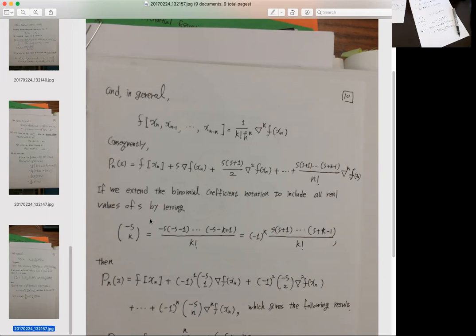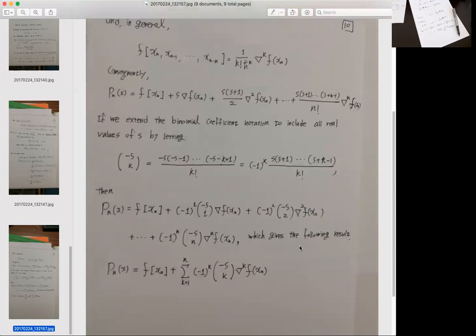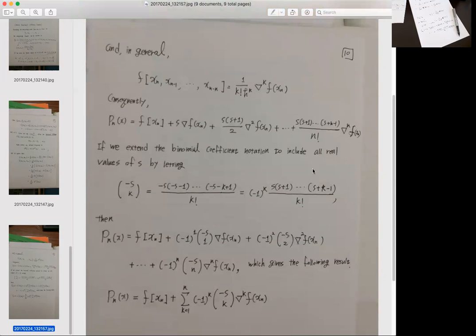Then we get this, and we take out the negative 1 for each factor in the numerator. We get negative 1 to the k-th power times s plus 1 through s plus k minus 1 over k factorial.